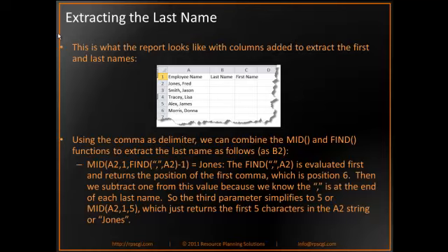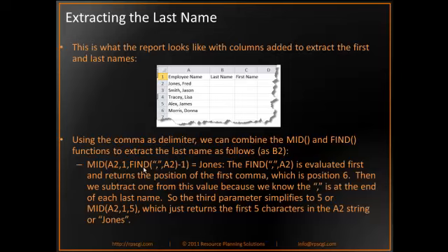So step one is to extract out the last name. In order to do this, we're going to use the MID function. We're starting with the first name, Jones, Fred, at cell A2. So here we say MID A2, we're referencing Jones, Fred. We're telling the MID function to start at character 1. And then we're using the FIND function.